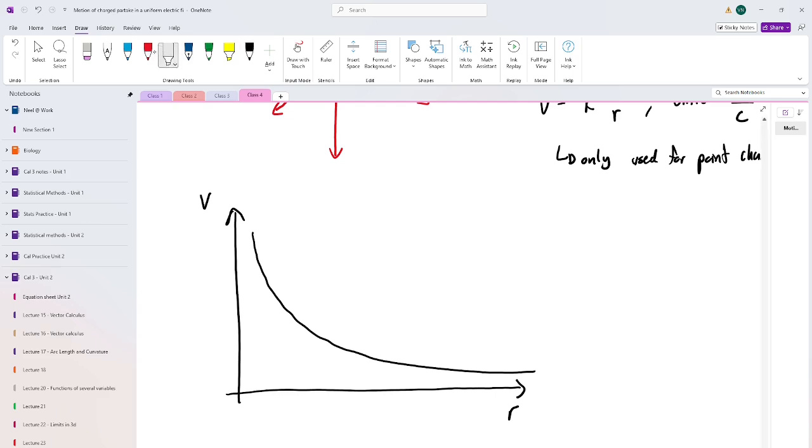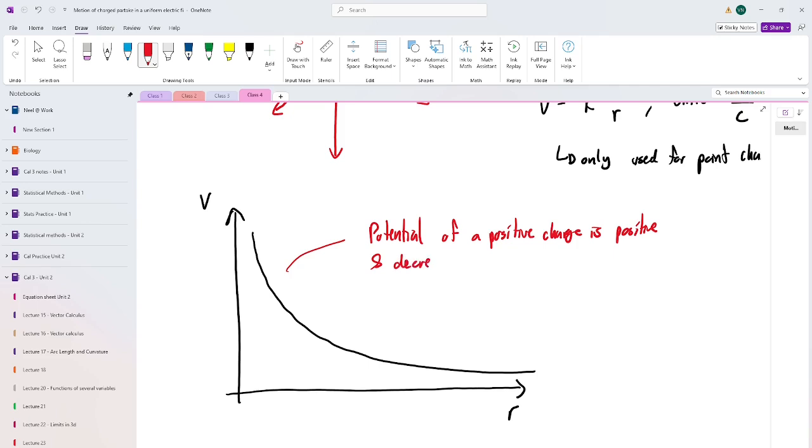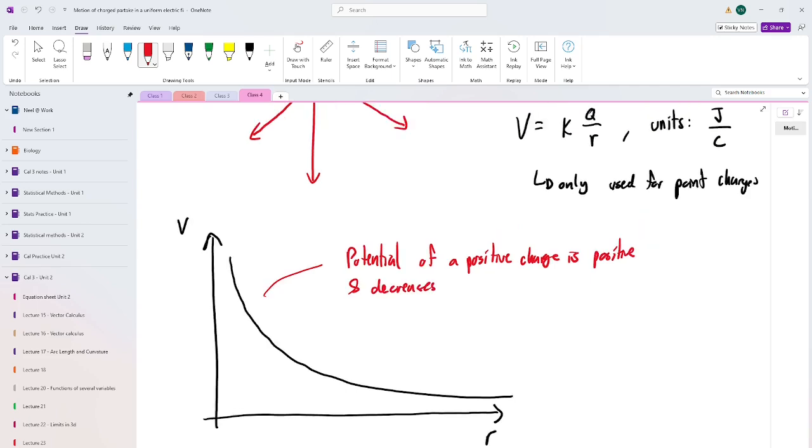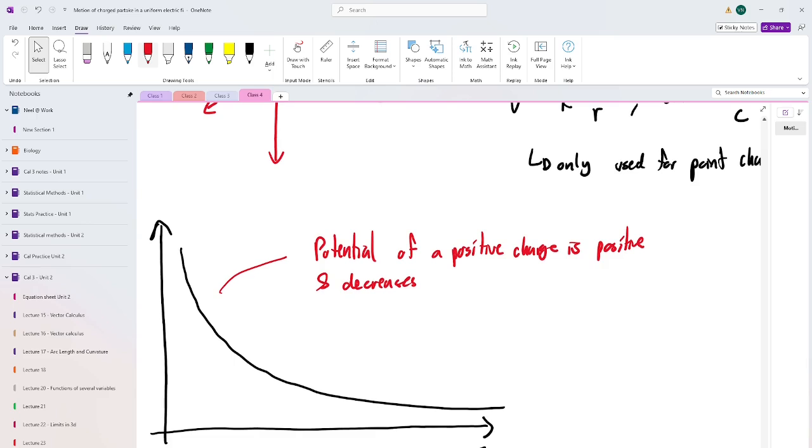So what we see here is that the potential of a positive charge is positive, but it decreases in inverse proportion to the distance.